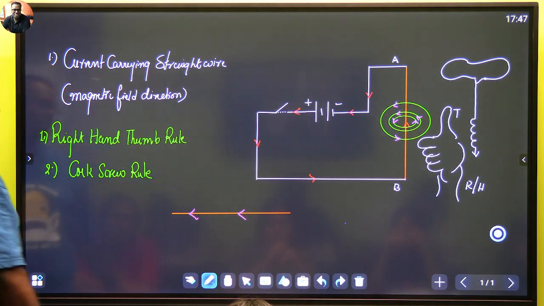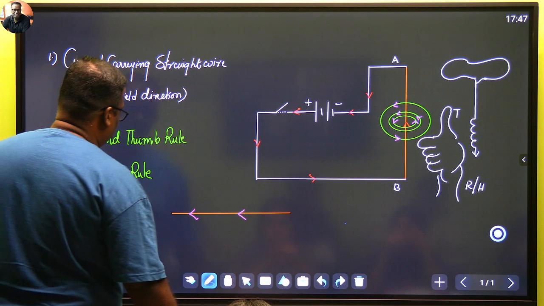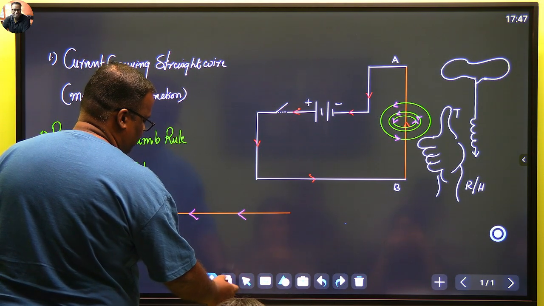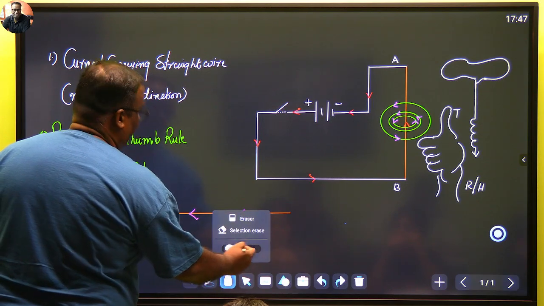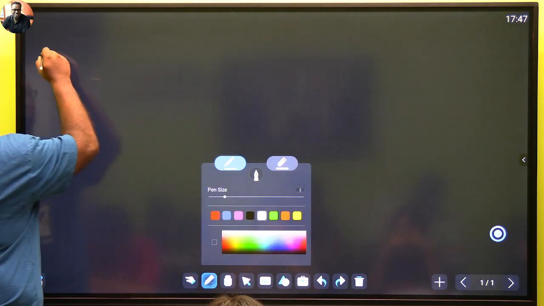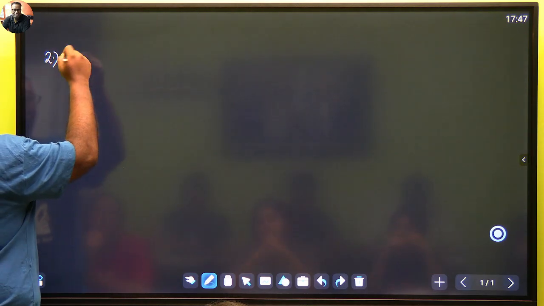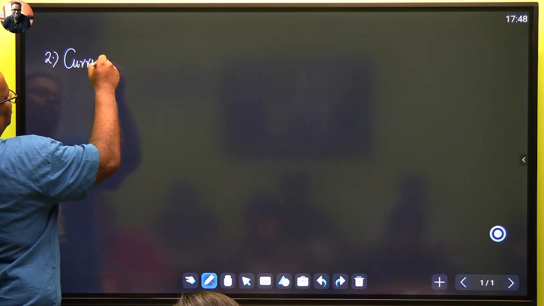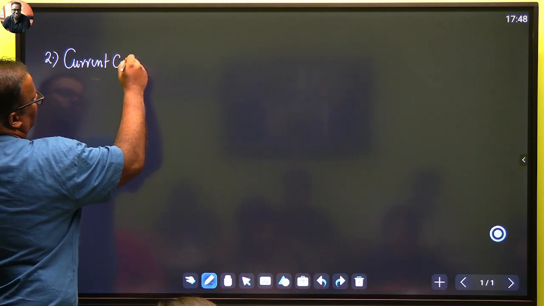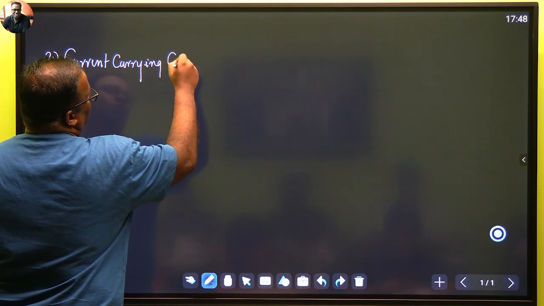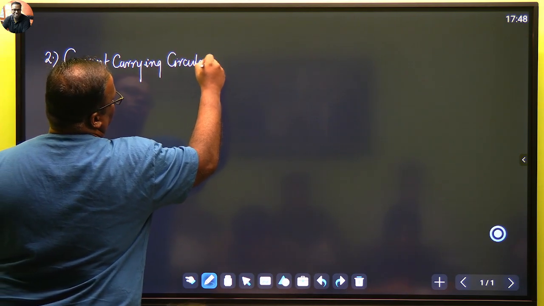Okay, let's try our next case. Shall we? Now our next one is we need to study the magnetic field due to a current carrying circular loop.